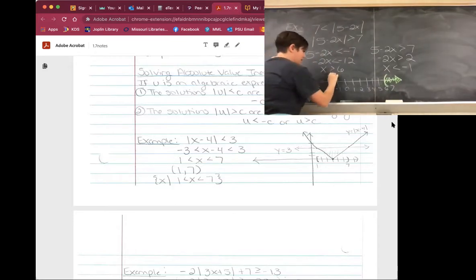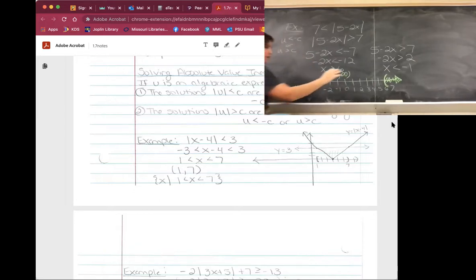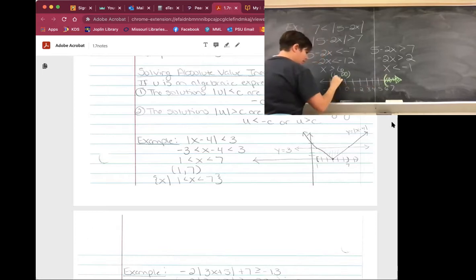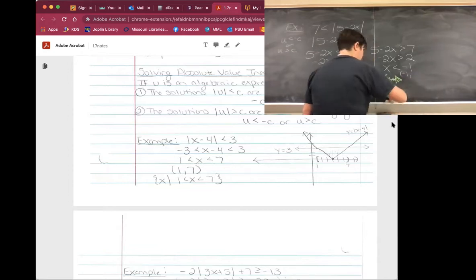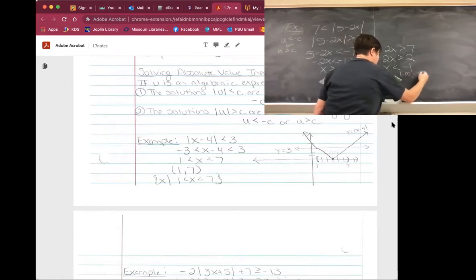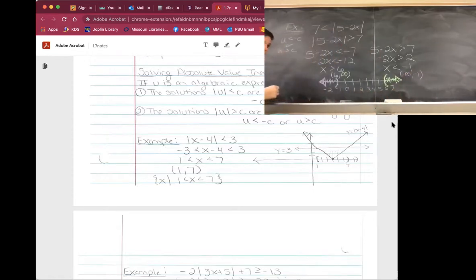This says that x is (6, infinity). Or we have that x is less than -1. Well, -1 is this way, and it's going to -infinity. So we have (-infinity, -1). So on a graph, that's what they're going to look like.